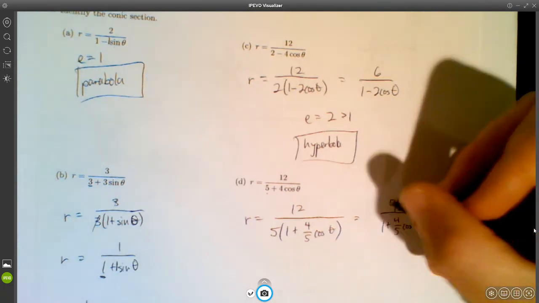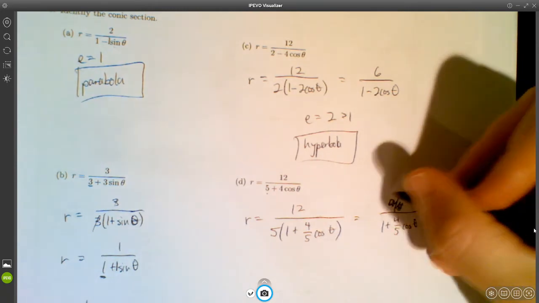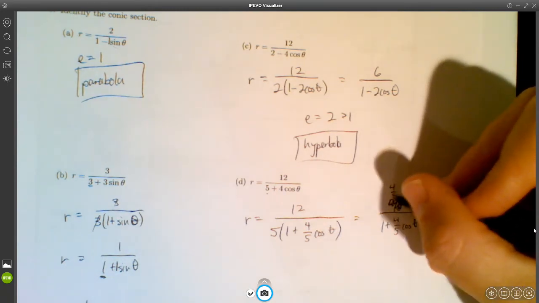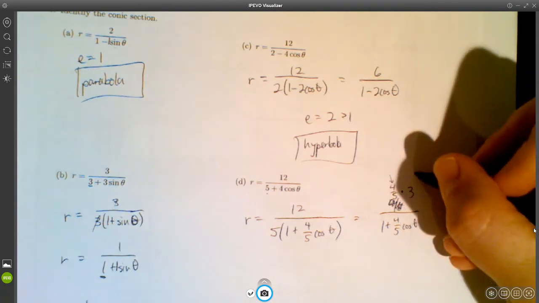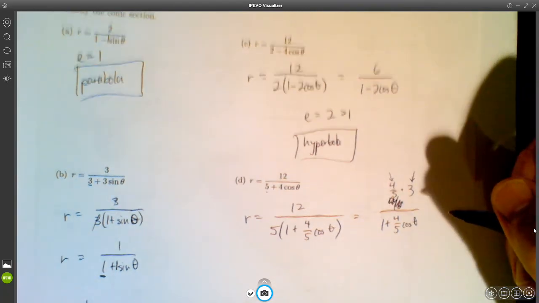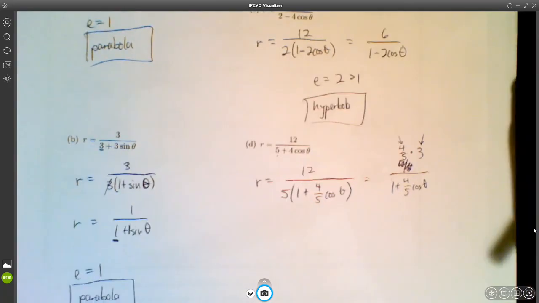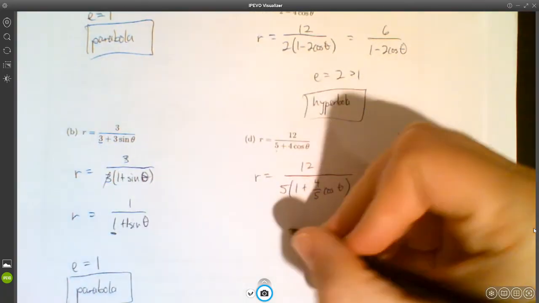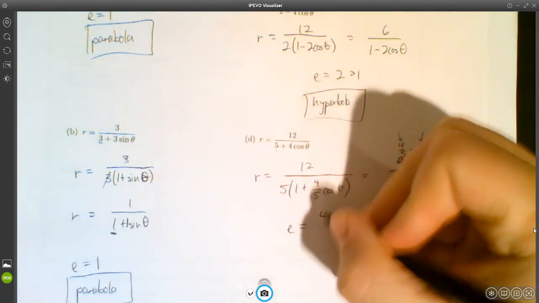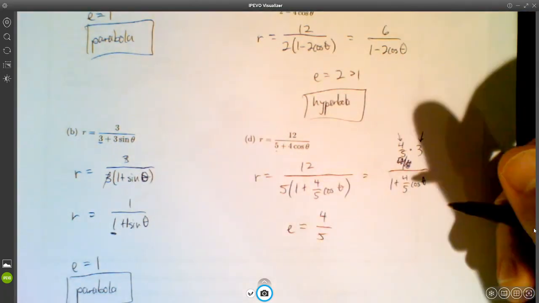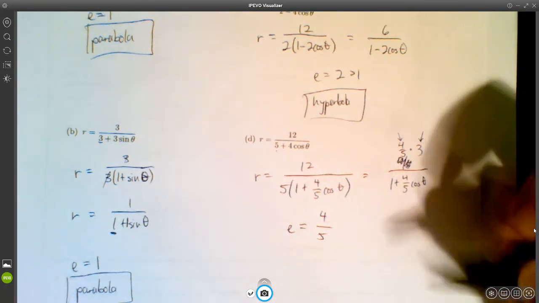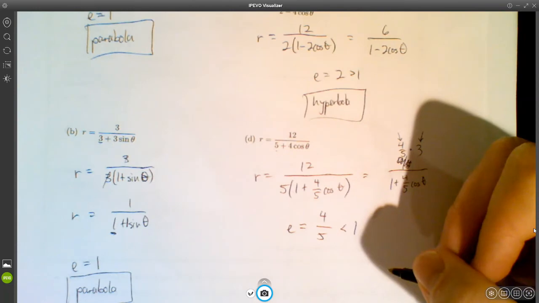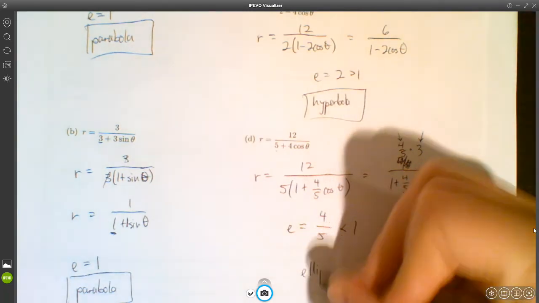So this is 4/5 times 3. And that tells you your eccentricity is 4/5 and P is 3. I'm not going to get into all of that with the directrix and everything, but what I will say is that e is 4/5 and that's less than 1. So that tells you you've got an ellipse in this case.